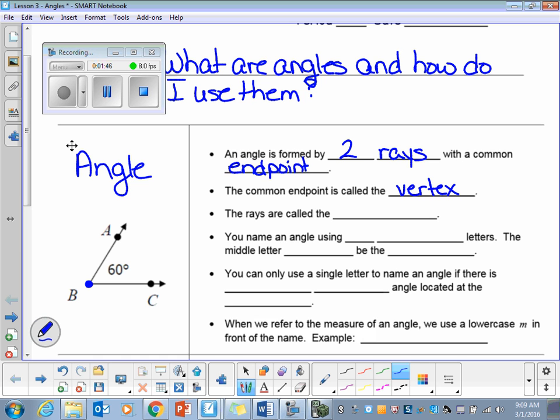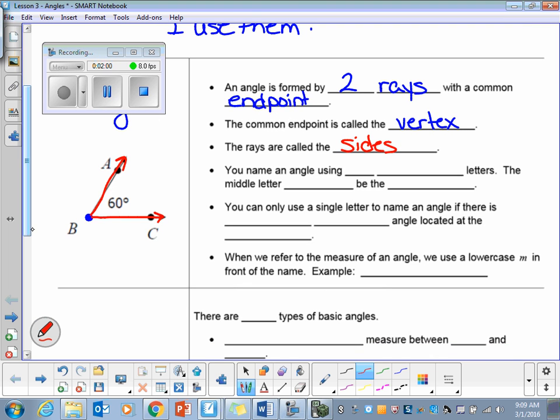The rays, which in this example are here and here, these are called the sides. We name an angle using three capital letters. The middle letter must be the vertex.